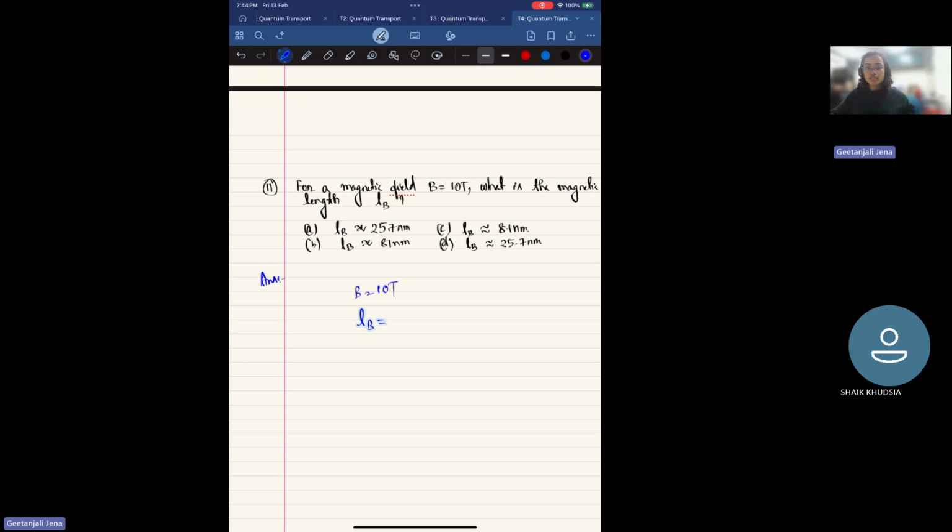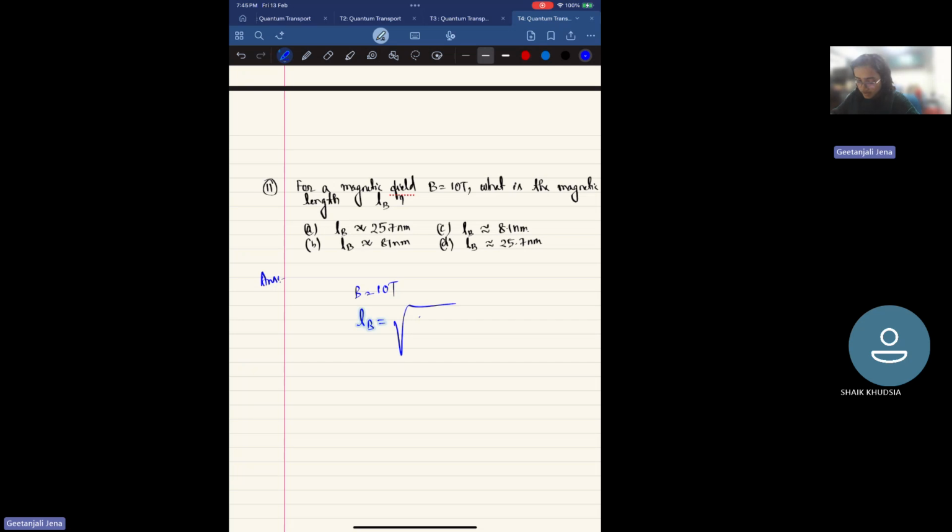This is direct formula based. 8.1, I think that's what you mean, right? Okay, so you mean option A, 8.1.